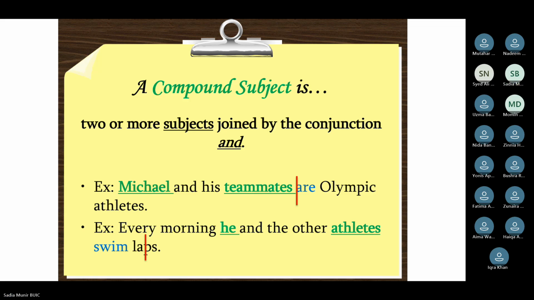Good. Eunice says Roman and his cousins, they are restless. Okay. Ice and snow are very cold. So you have understood. Good.